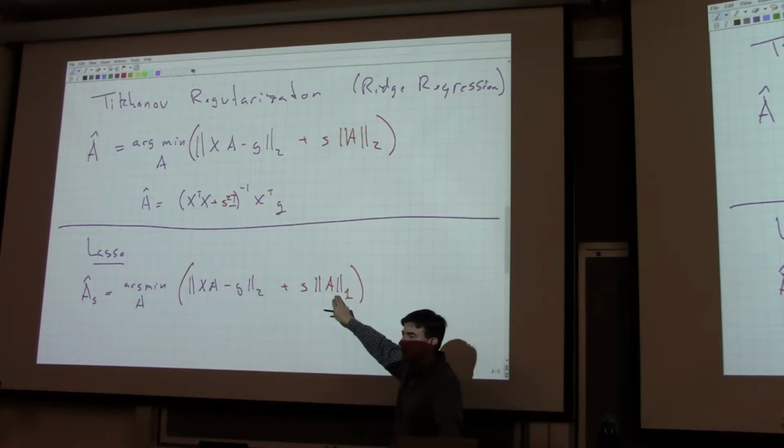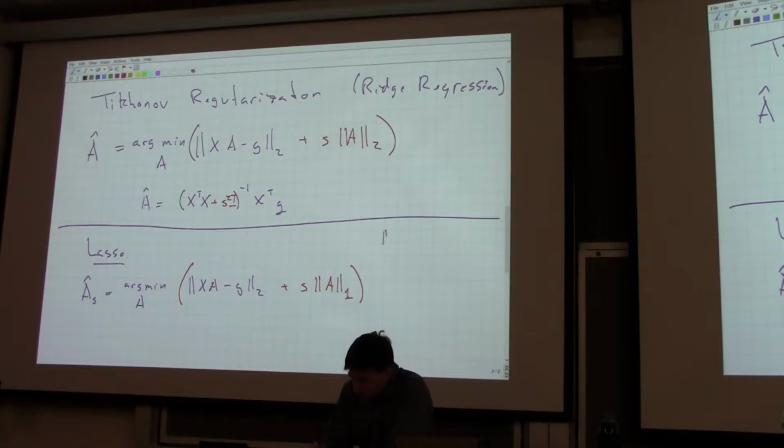The 1 norm is the sum of the absolute value of the coordinates.